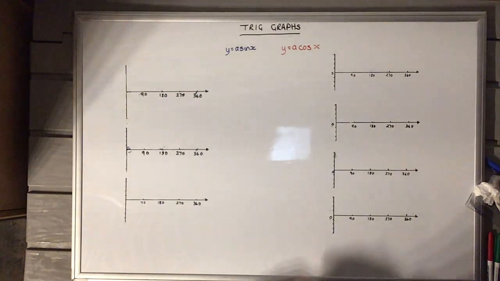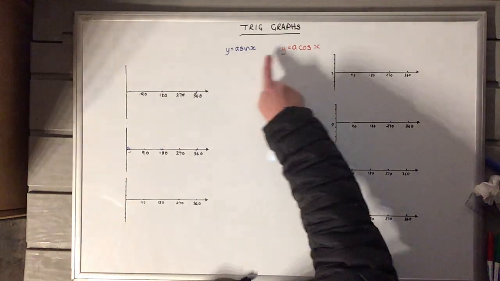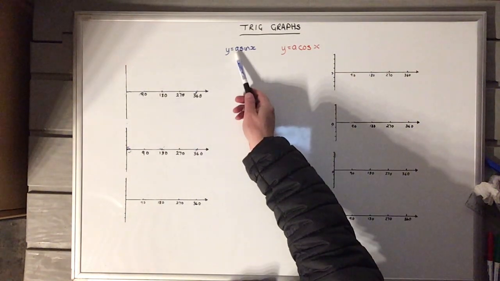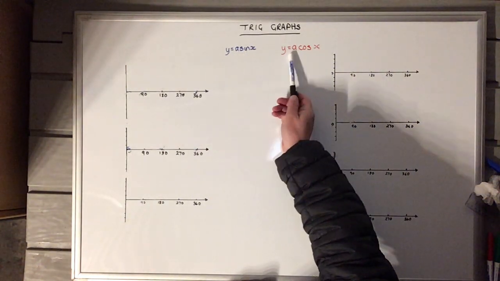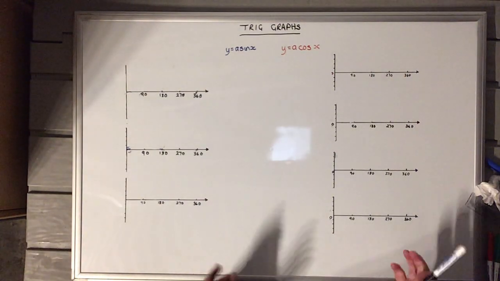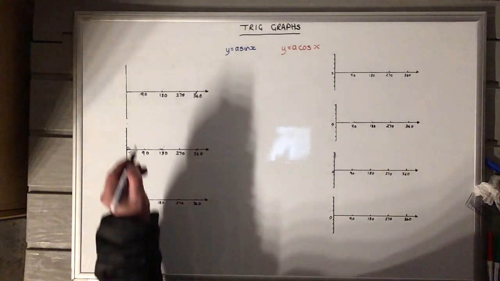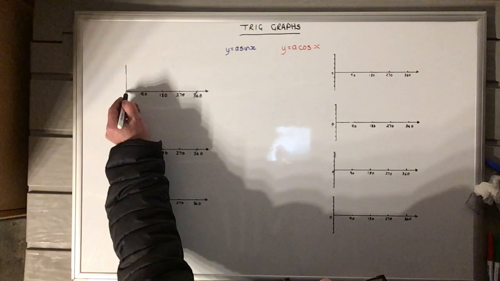Now, what effect does this a have on the graph? Well, it turns out that it doesn't matter what function you've got, the a at the front of a sin x and a cos x has the same effect in any graph. So, let's start with the basic one, which is just sin x.